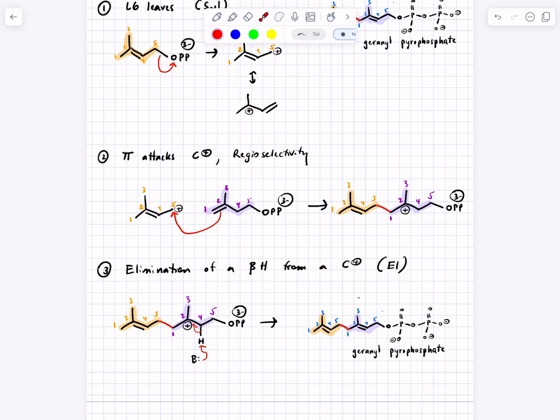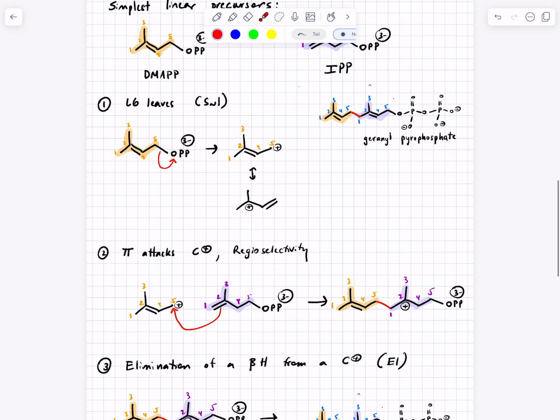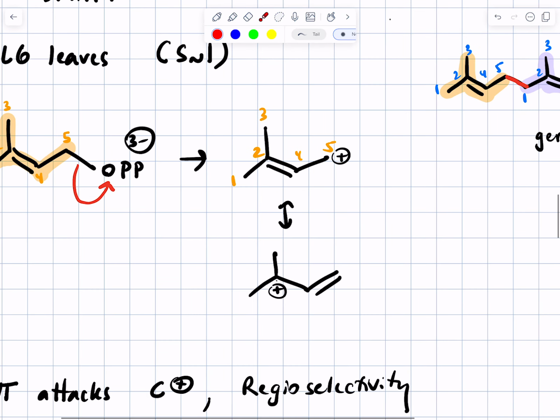Okay, yes? Well, it seems to me like in the first step, the resonance structure, the second resonance structure is more stable. So the question is, when this resonance stabilized carbocation has positive charge shared between carbons 5 and 2, these are not 2 different carbocations, they are 2 incomplete pictures of the same carbocation. So technically it's not correct to say this one is more stable than this one.